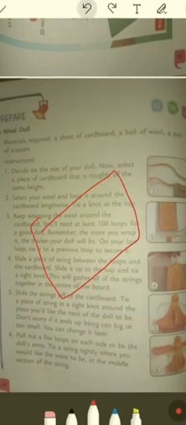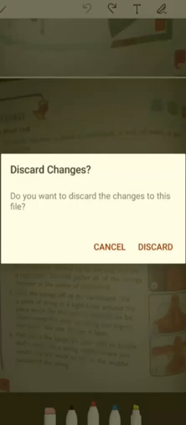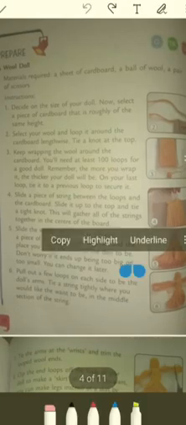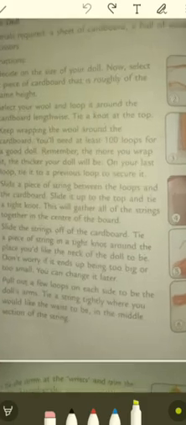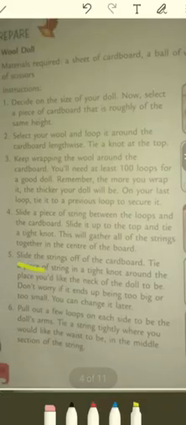Okay, so let me continue explaining. These are the things you require. Decide the size of your doll. First of all, you have to decide how big or small your doll is going to be.